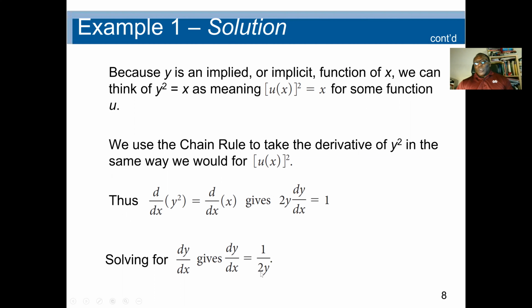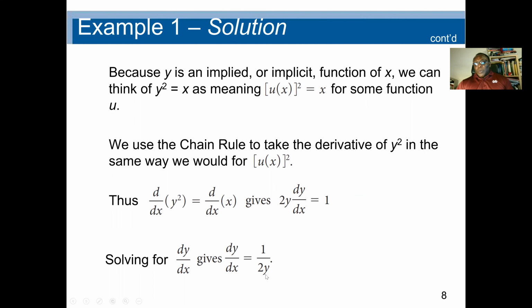So we use implicit differentiation, taking the derivative of both sides. The derivative of y squared is 2y dy/dx, and the derivative of x gives me 1. So dy/dx equals 1 over 2y.